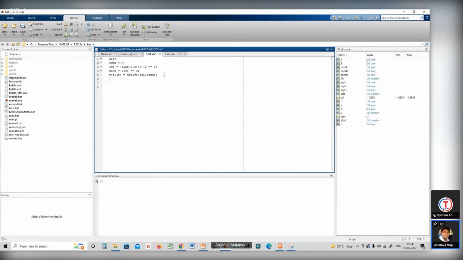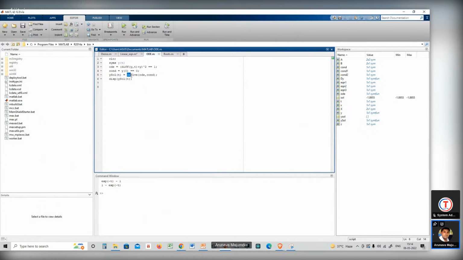If I display this one, display ysolve(t), look, the equation is displayed here. So this is the way you can solve any kind of ODE.